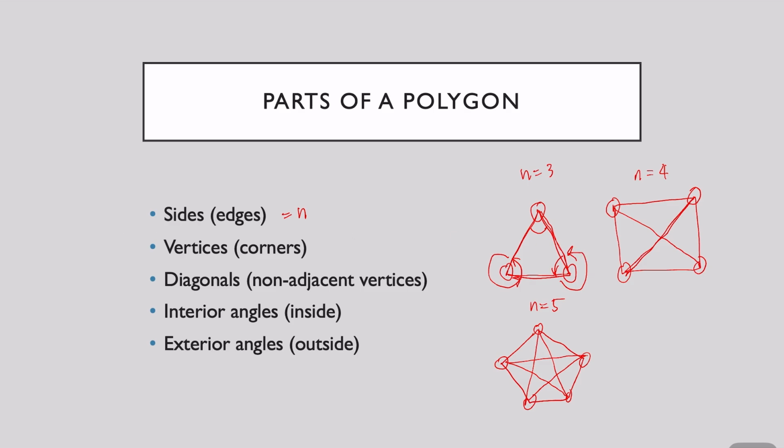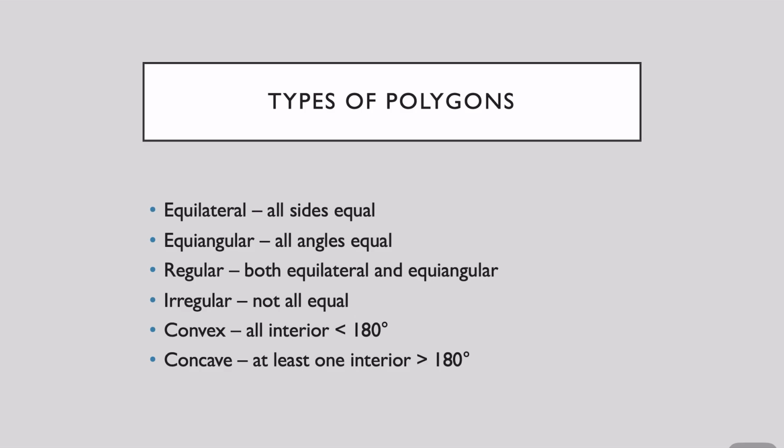So let's now go to the types of polygons. We have polygons that are equilateral, where all sides are equal. Polygons that are equiangular, where all angles are equal. Then, when we say regular polygon, these are polygons that are both equilateral and equiangular. Okay? Because your polygons can be equiangular, but they have different lengths of sides, no?